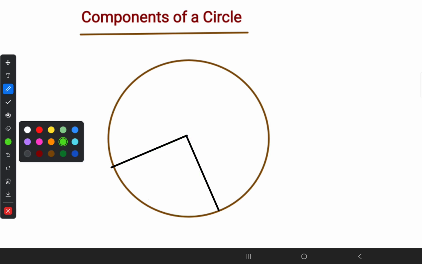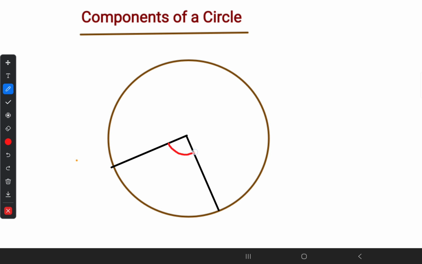When we think about the context of angles, the angle bounded by these two radii is called the central angle, because it is bounded at the center of the circle. That's why we name this a central angle.